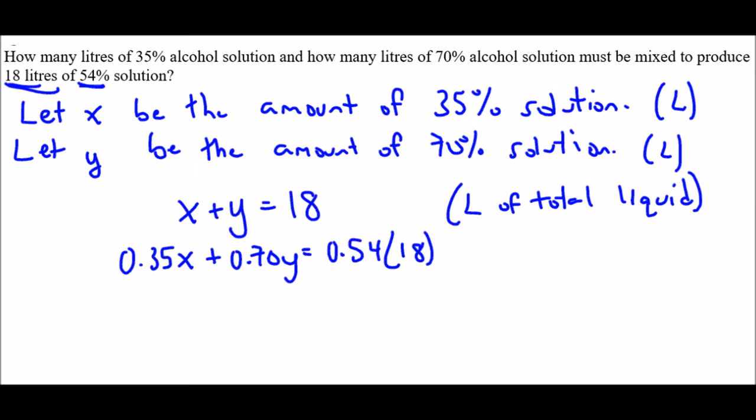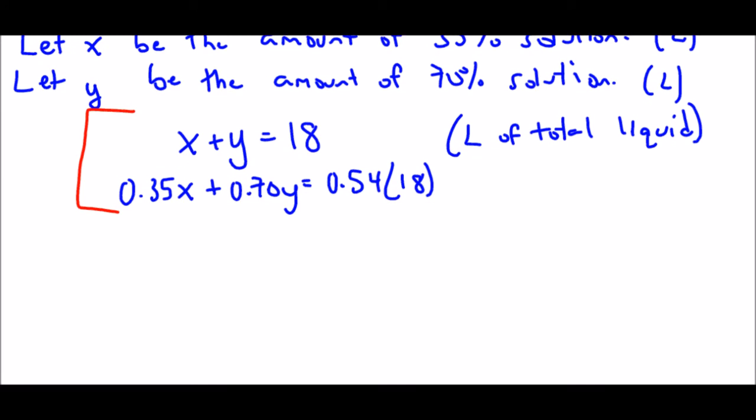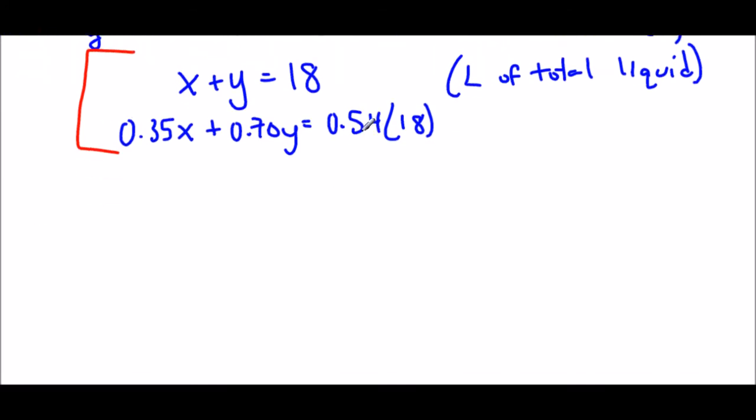So there are the two equations, and now I just have to solve them and I'll know the values of x and y. The first thing I'm going to do is multiply 0.54 times 18. So 0.35x plus 0.70y equals 0.54 times 18, which is 9.72.